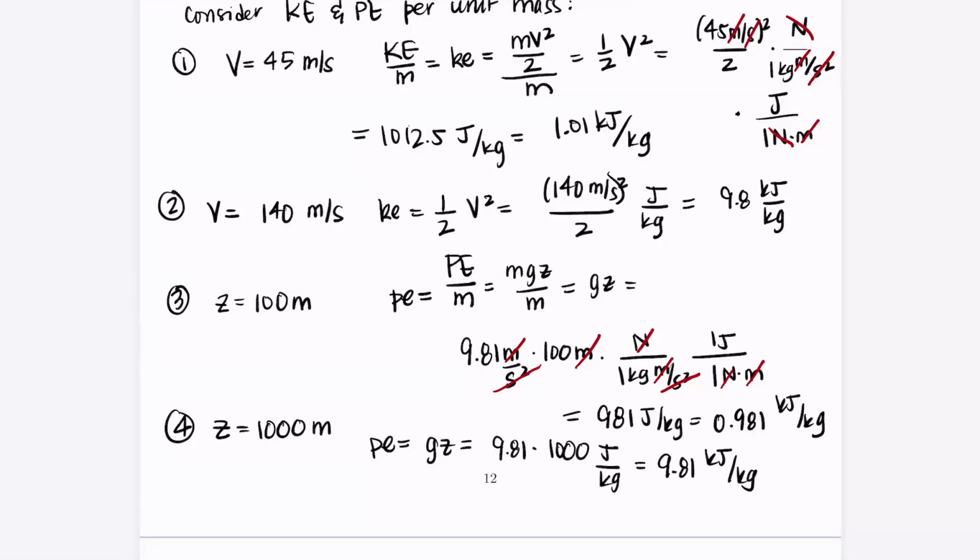Relative to the terms we are used to in our energy equations, these values are not super large. Even though we're looking at fairly aggressive velocities here, 45 and 140 meters per second, and in my opinion 1,000 meters and 100 meters are pretty large changes in elevation.